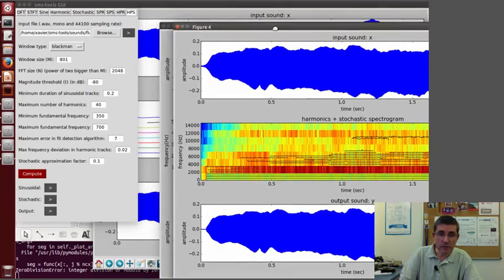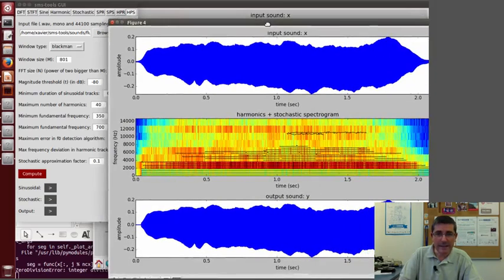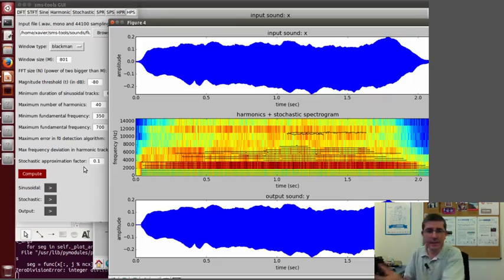But as we see, the harmonics are very much on the lower side. Above 5,000 hertz, there is not that much. There is some of these, but maybe even these lines should not be considered harmonics, and maybe they should be discarded. But let's listen to the stochastic component.